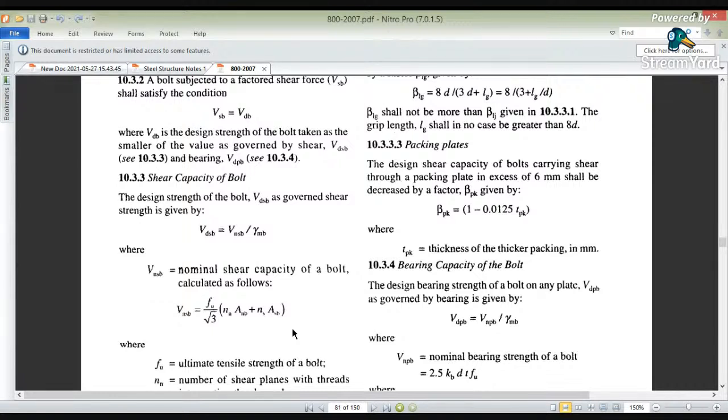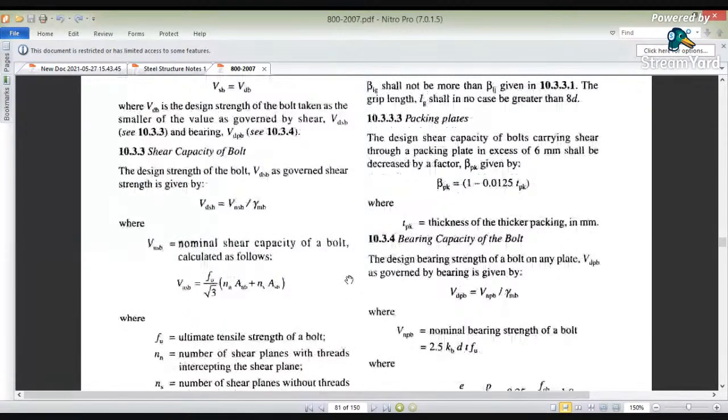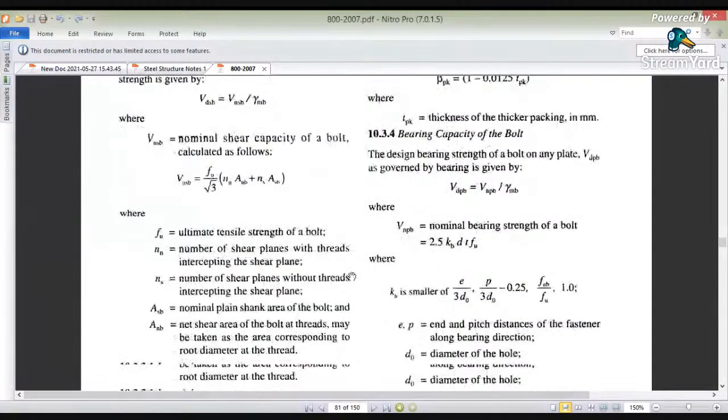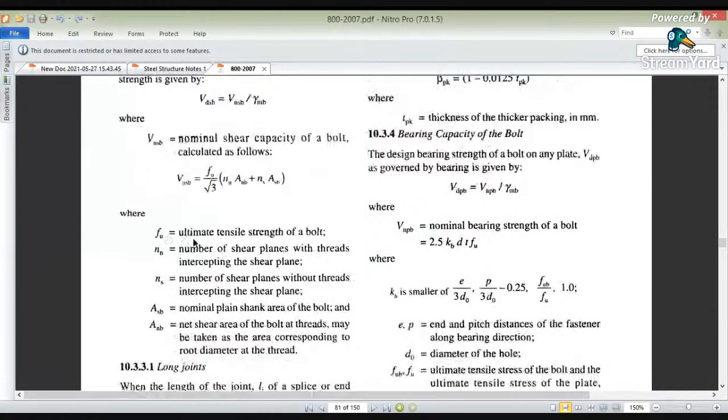One by one we will see what n_n, A_nb, n_s, and A_sb are; these are again given in page number 75. What is f_u? f_u is the ultimate tensile strength of a bolt, which depends upon the grade of bolt. I have already shown you this in page number 13 of IS 800.